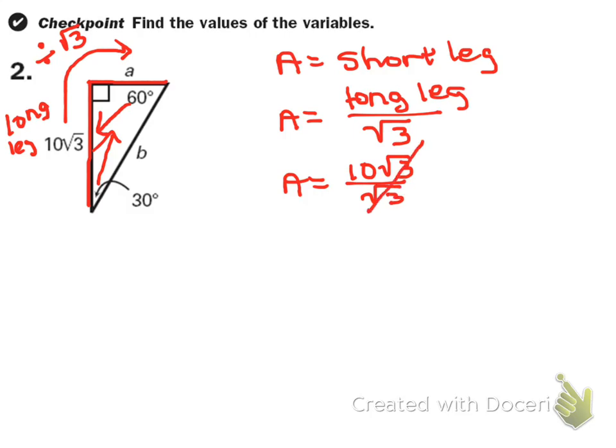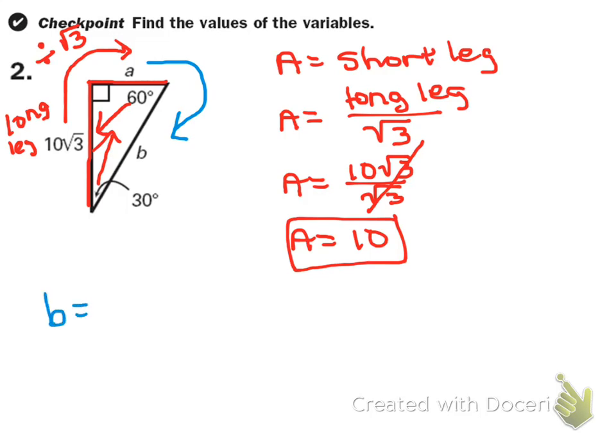The square roots of 3 would cancel out, and we would find that A, the short leg, is equal to 10. Now, we still would like to find the hypotenuse. Then we want to move from the short leg around to the hypotenuse. B is your hypotenuse.